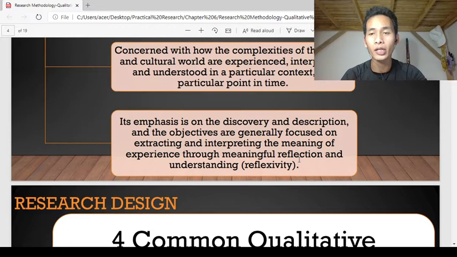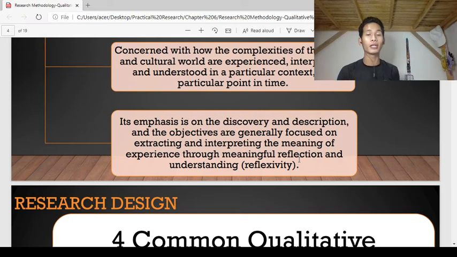Understanding further the complexity of the social world, the society, the cultural world. It also emphasizes description, diba? The researcher will be describing the social world, the cultural world out from his or her experiences, and then extracting and interpreting meaning out from the experience through meaningful reflection and understanding.